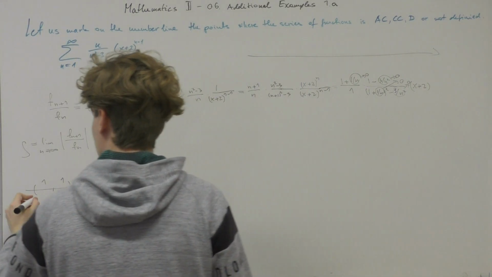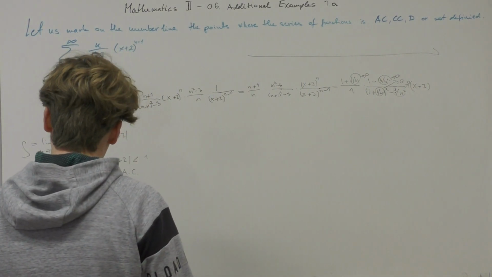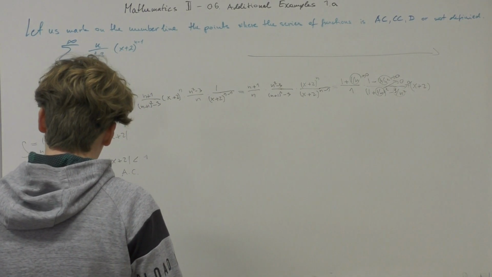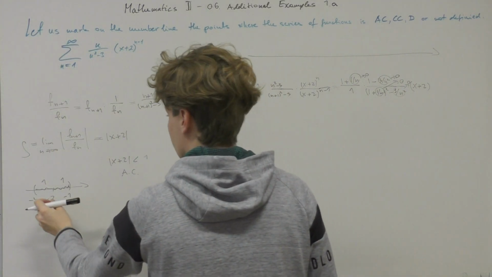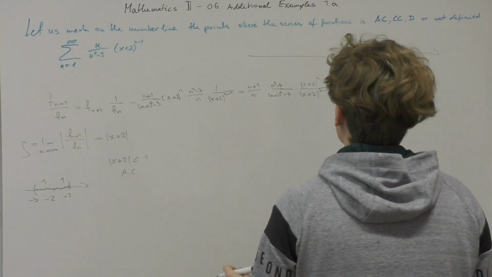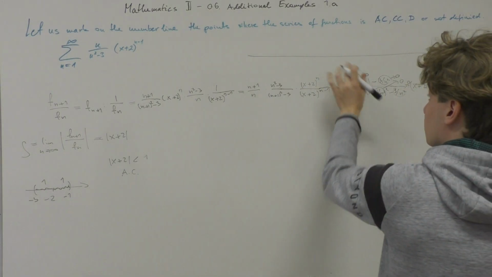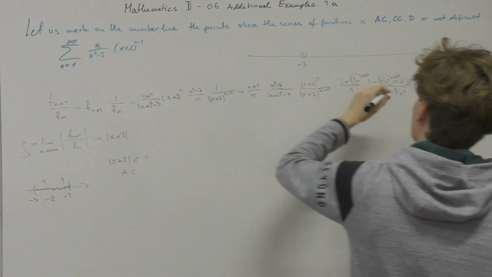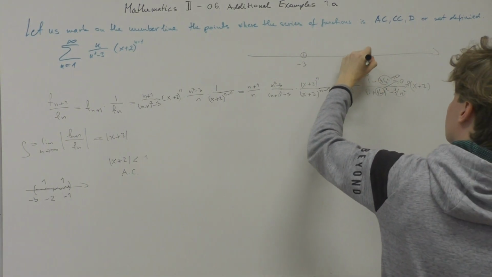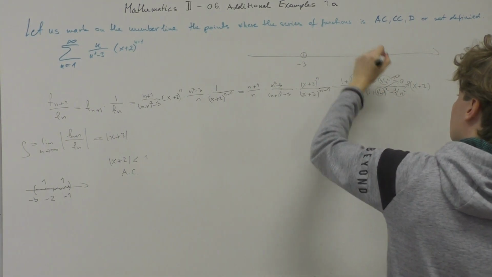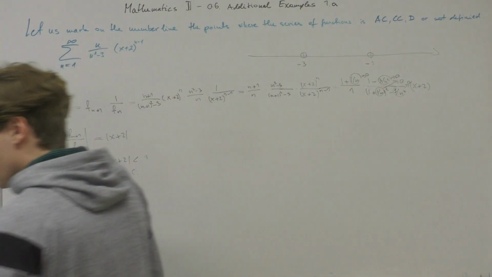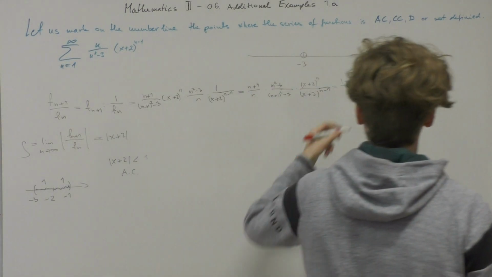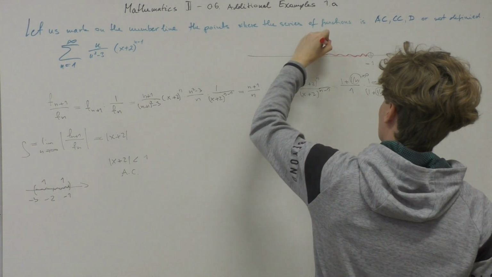So this will be from minus 3 to minus 1. In this interval, the distance from minus 2 is less than 1. And let's mark these points also on this number line. So here we have minus 3, and here we have minus 1. And between these points, we know that our function series is absolutely convergent.